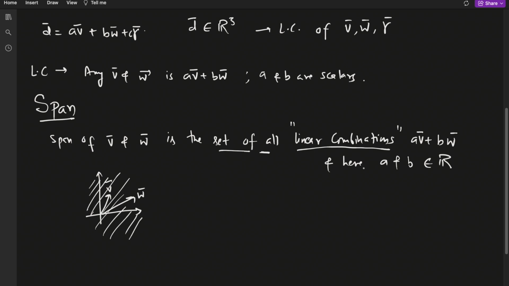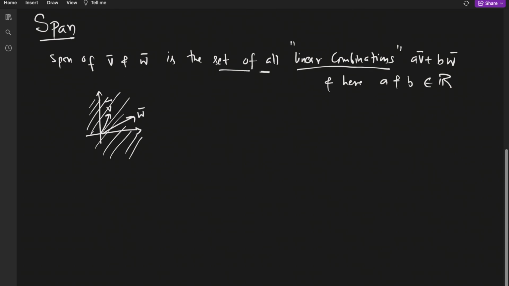Okay, now there is an interesting understanding behind span and all. So for example, let us suppose we have this xy plane, and we have one vector here, this is v.